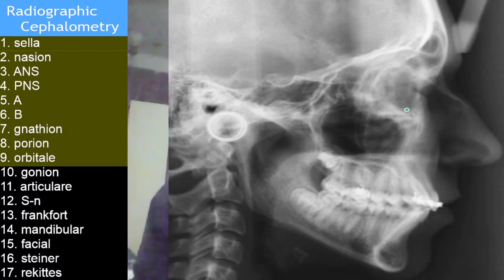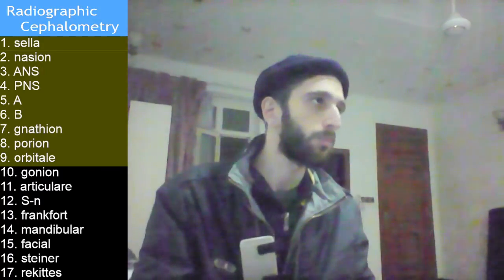It is the lowest, or the most inferior point on the lower border of the orbital margin.